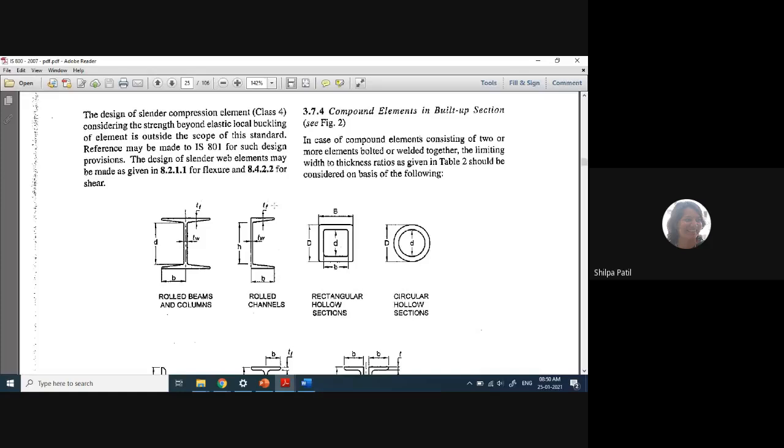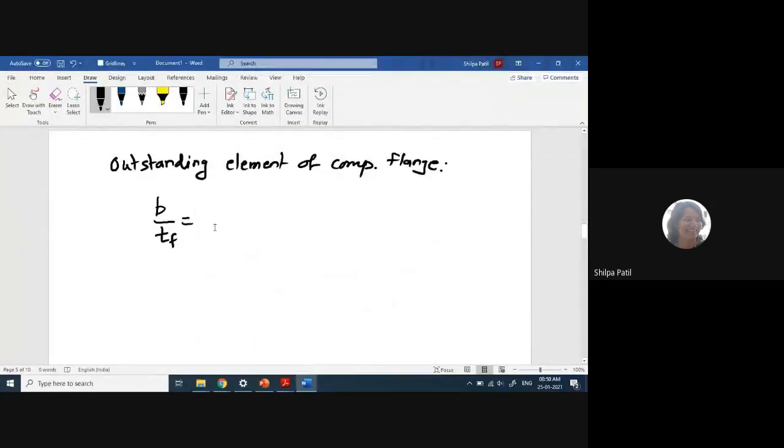As per this diagram, my B value, which I have to consider for calculation, is equal to BF now, divided by TF. So what is the BF value? 90. Divided by TF, which is 13.6, right? Yes, ma'am. So tell me the value. 6.62.